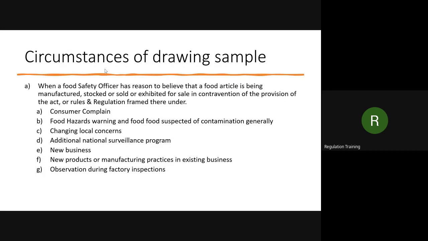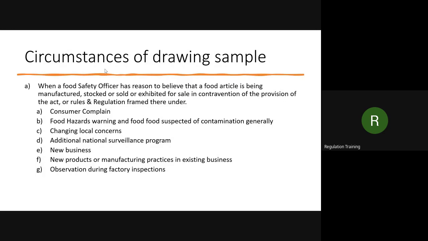Changing local concerns. Local concern means, for example, your festivals. Different religions have their own festivals. So when it is festival time, the sale of certain products will be very high.